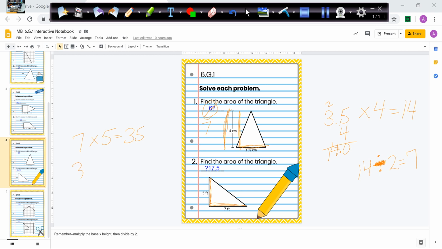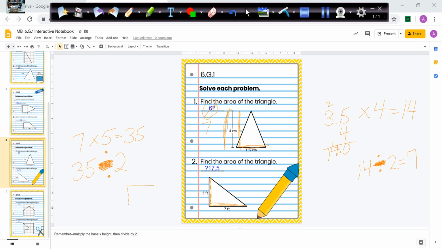And then we have to divide by 2, right? That made it again into a different sign, didn't it? Sorry about that. But yeah, it should be a divide. There we go. 35 divided by 2. And I think you got that one, Max.